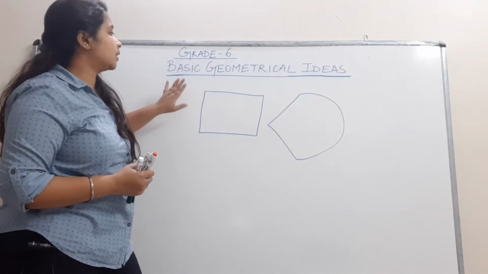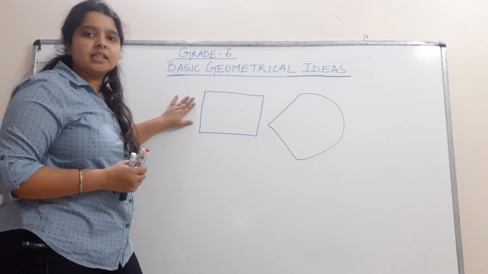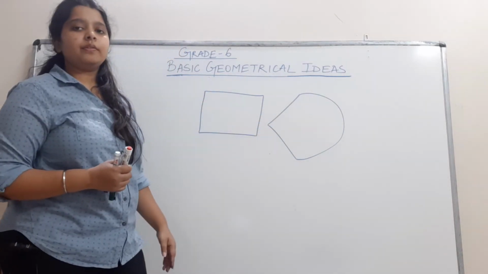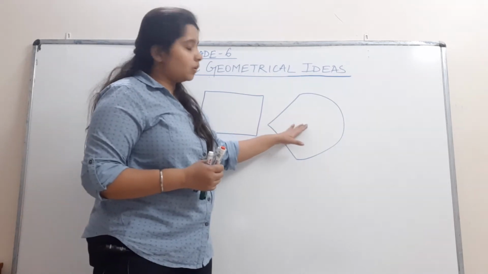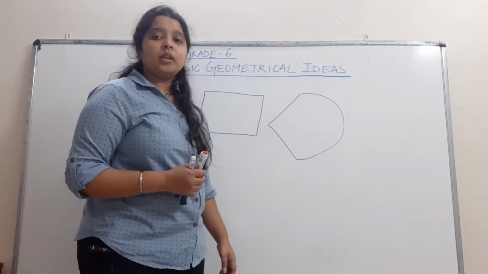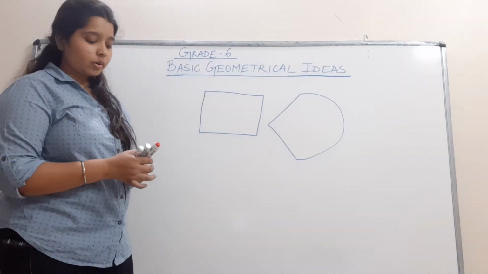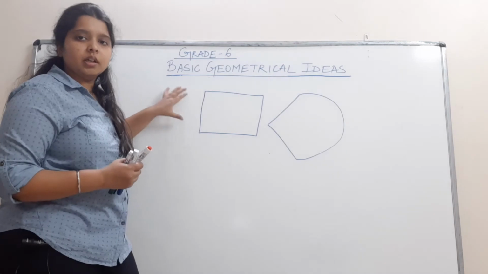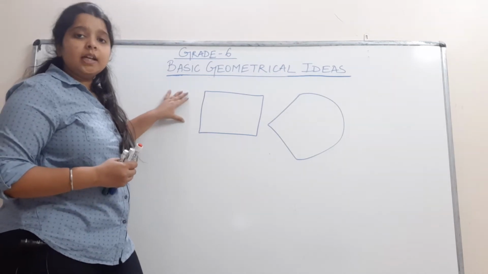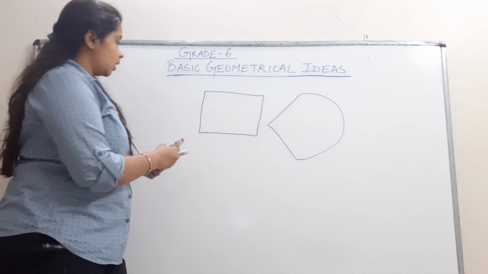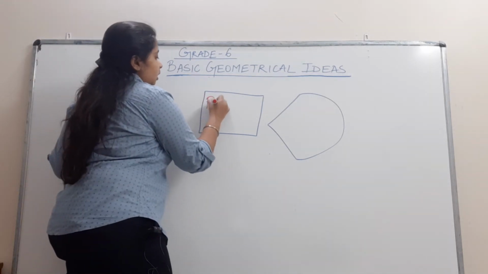And this figure is only made up of line segments. This figure is also a closed curve. This figure is also a simple curve, but it is not made up of only line segments. So, the figure which is a simple closed curve and made up of only line segments is known as a polygon.